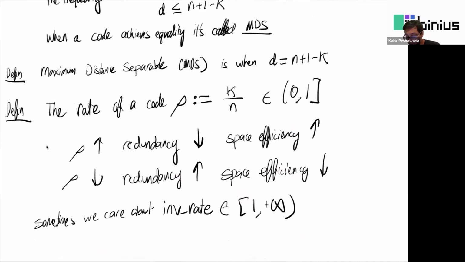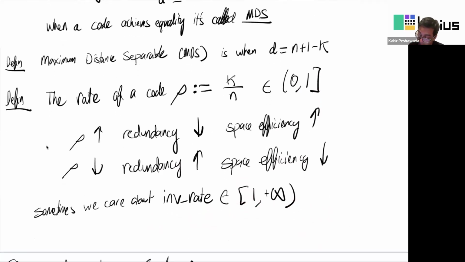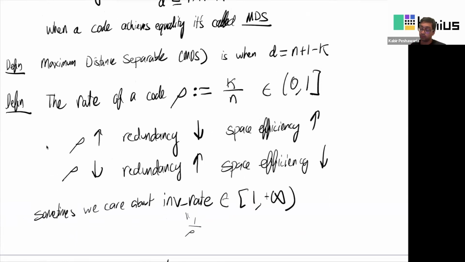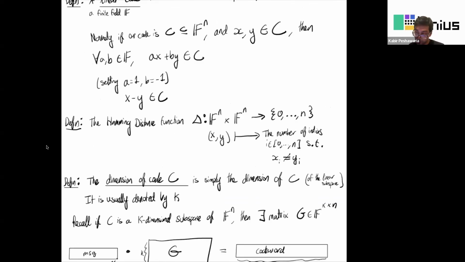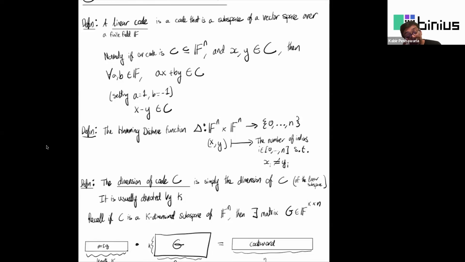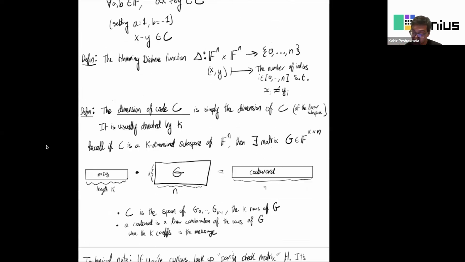Sometimes we care about the inverse rate, which is a value in 1 to positive infinity. Inverse rate is equal to 1 over rho, just to be very clear. Great. So that concludes a very quick section about linear codes. Please review this before we move on to section 6.